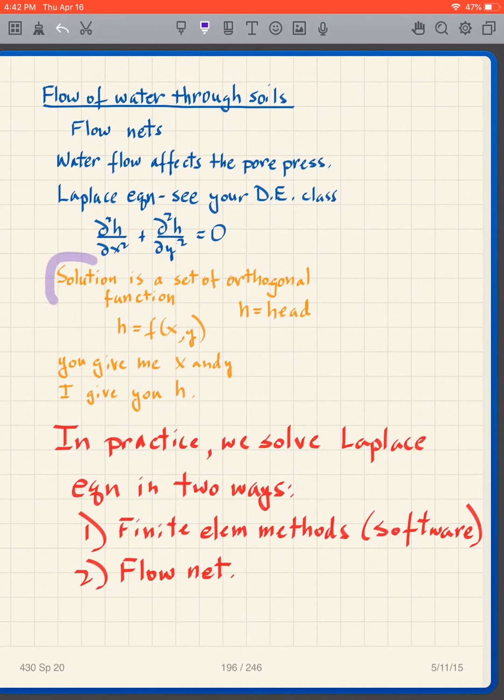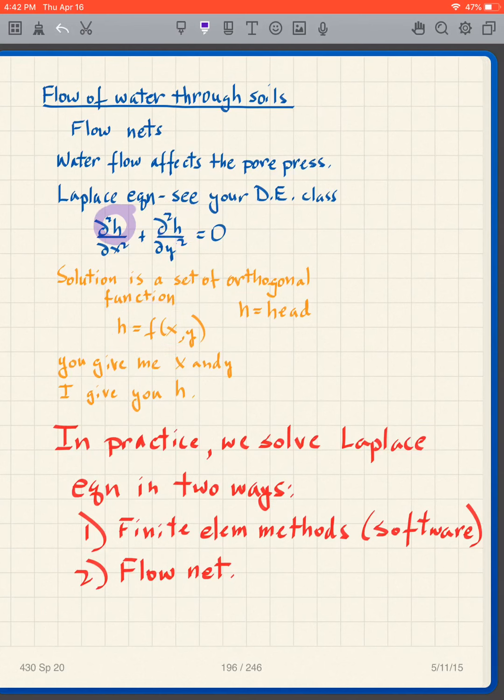And we're going to find that the solution is a set of orthogonal functions. You've solved this maybe with slightly different variables, but when we're solving this, we want to solve for h as a function of x and y.